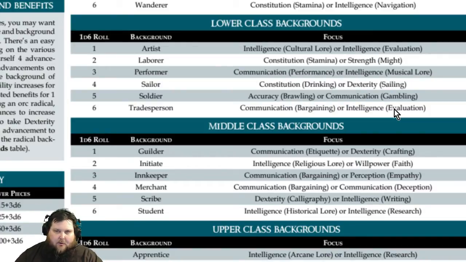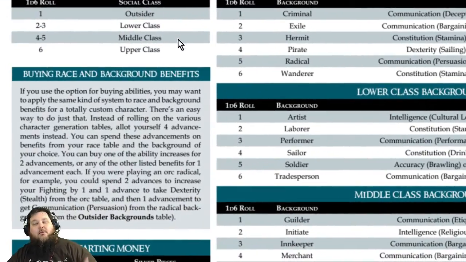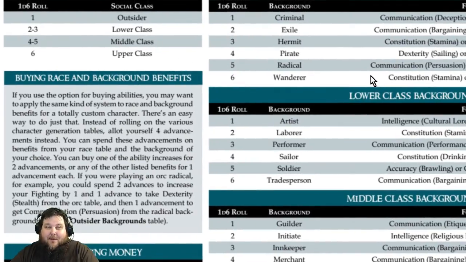You'll find that out down the line. So as you can see, there are 4 different social classes: outsider, lower class, middle class, upper class. Now, what if you don't want to roll randomly? What if you want to choose whatever you want to play? Maybe you have a theme, which is part of character creation for Fantasy Age.